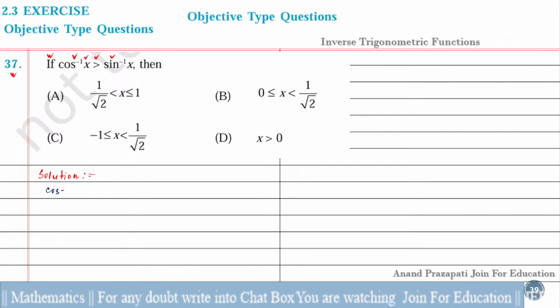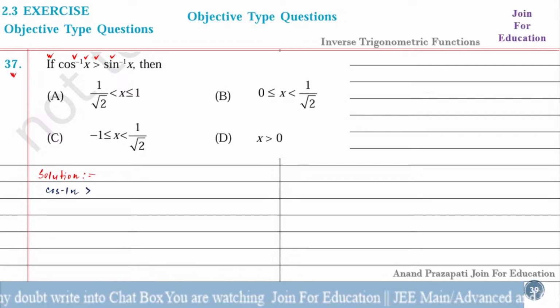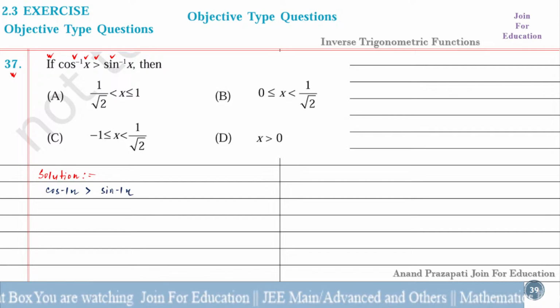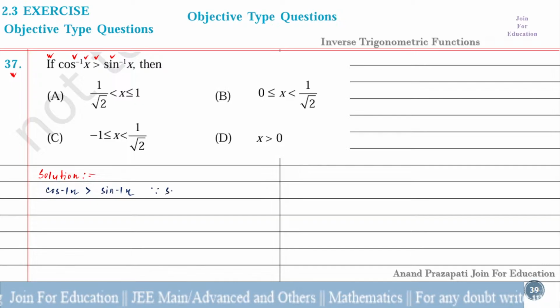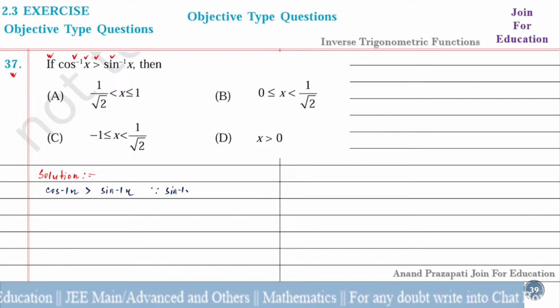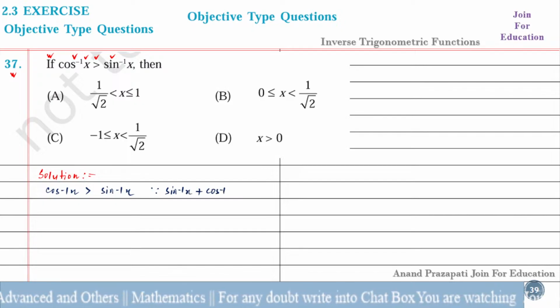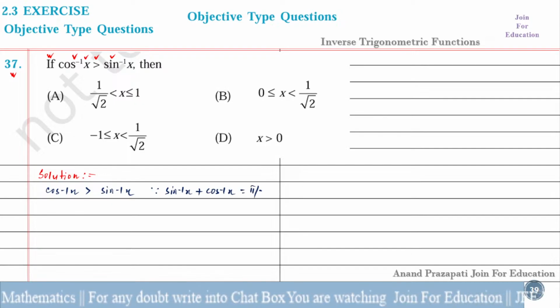Cos inverse x greater than sin inverse x. We know that sin inverse x plus cos inverse x equal to pi by 2.